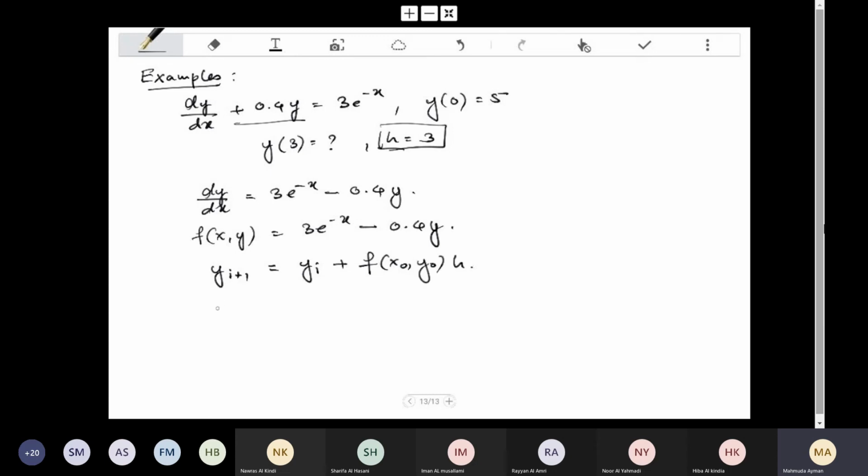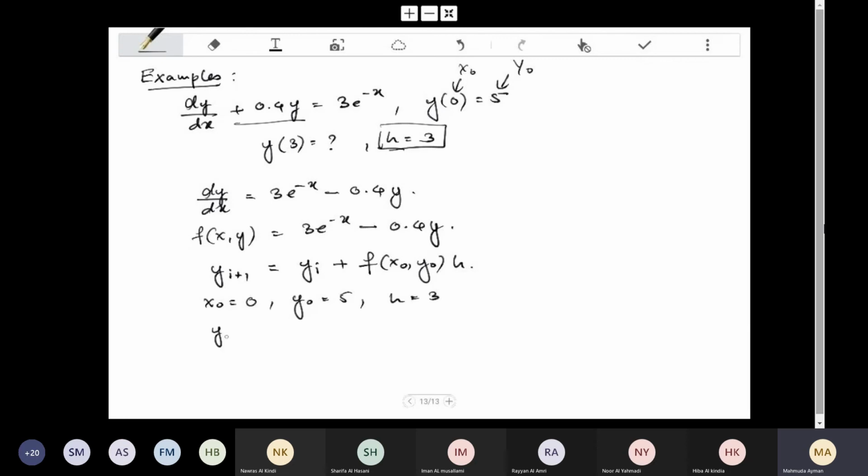So x0 and y0 are given to us already. x0 is 0, y0 is 5, and we know that h is 3.